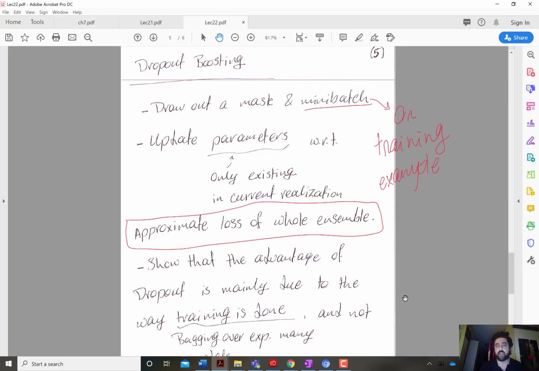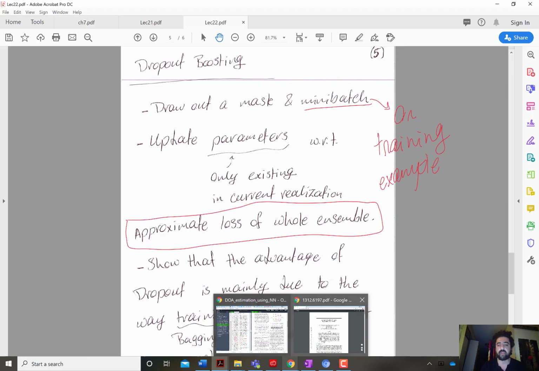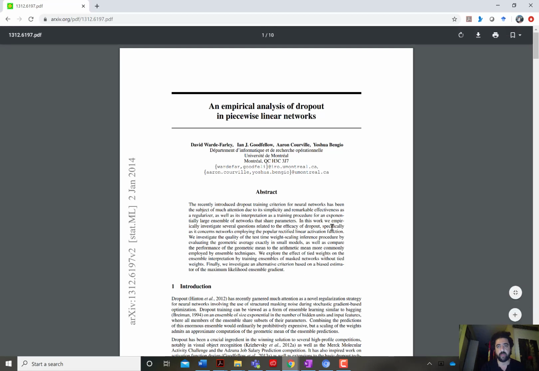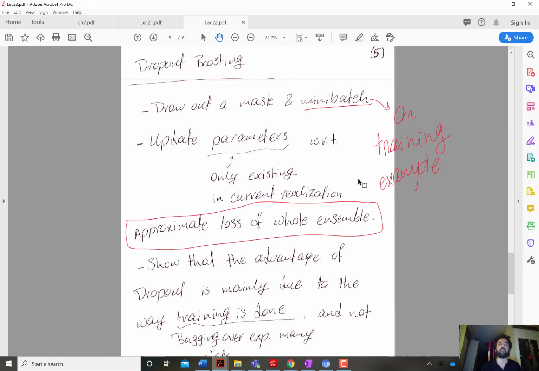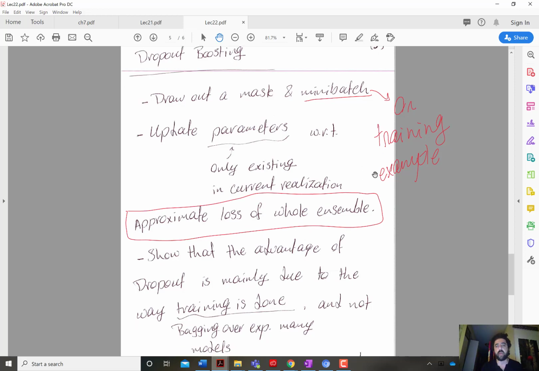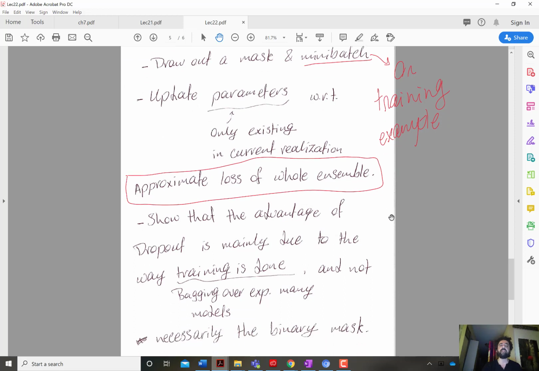And that's why there is a variant studied in this paper, an empirical analysis of Dropout in piecewise linear networks, that came out in 2014. Basically that paper proposed an alternative called Dropout boosting. The difference in Dropout boosting is that you update the parameters for every realization.